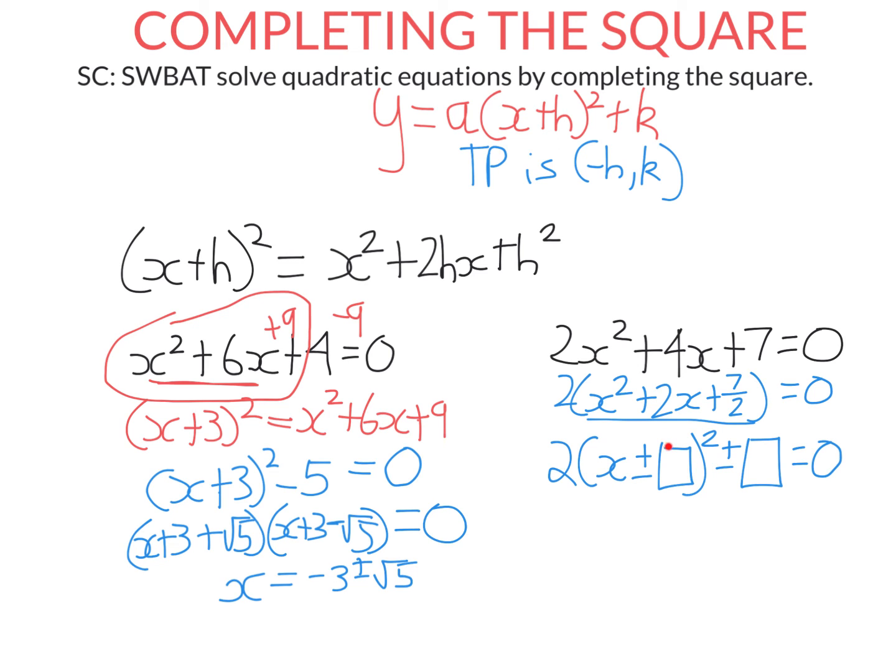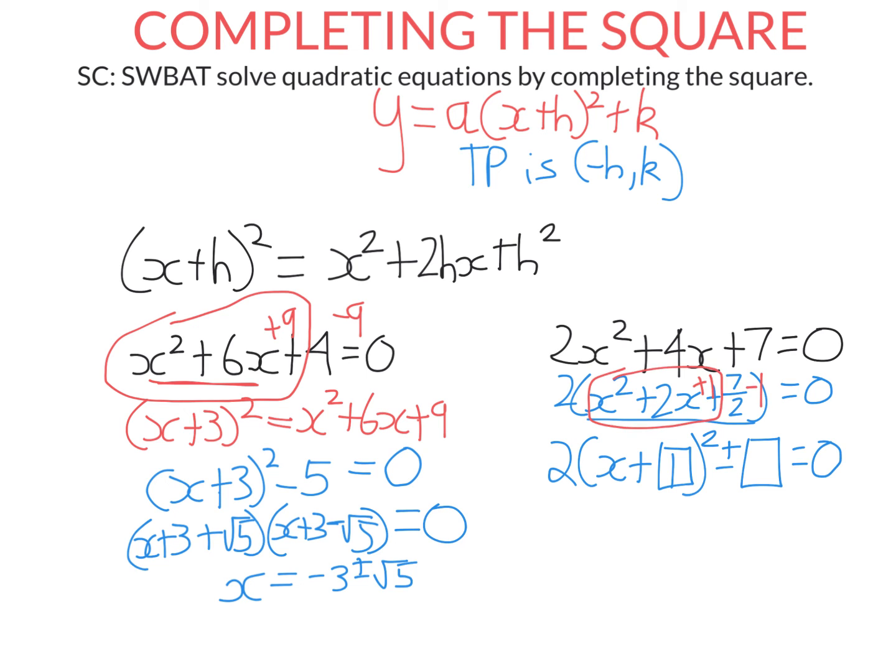So what number goes in here? Well, remember we showed from before our trick, this number is going to be half the coefficient of x. So it's going to be positive 1. But then, of course, we have a problem. If I expand x plus 1 all squared, I get x squared plus 2x plus 1. I don't get x squared plus 2x plus 7 over 2. So to compensate, what I have to do is add 1 here and then take 1 away.